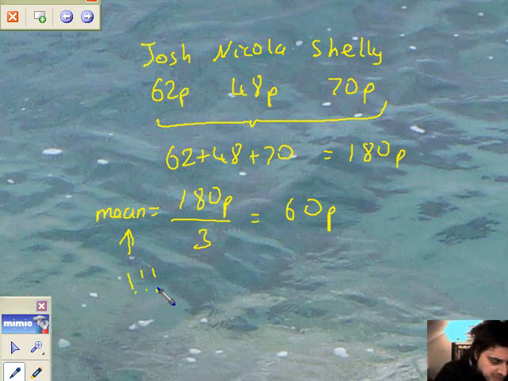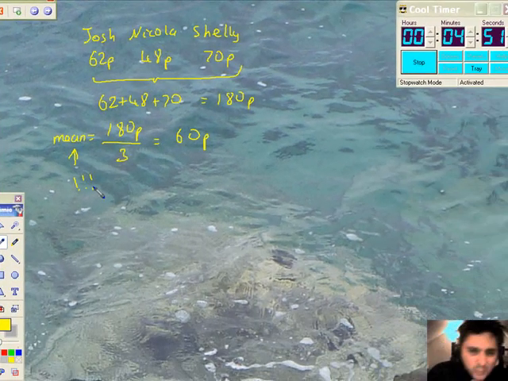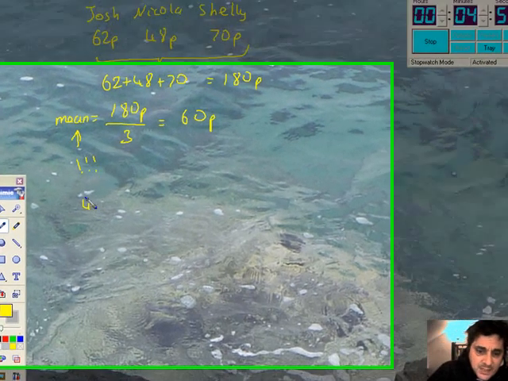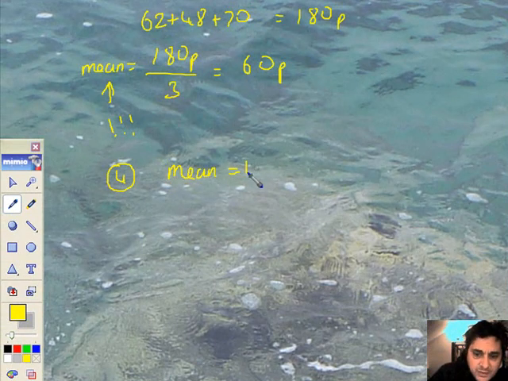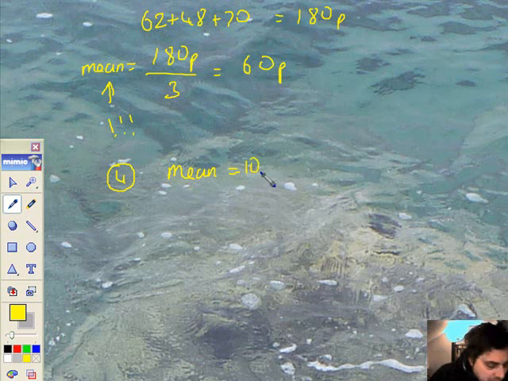Question 4 is one where a number of answers may work, on page 73. I've got the mean of 4 numbers is 10. So problem solving here. 3 of the numbers are 8, 9 and 10, and I've got to find the 4th number.